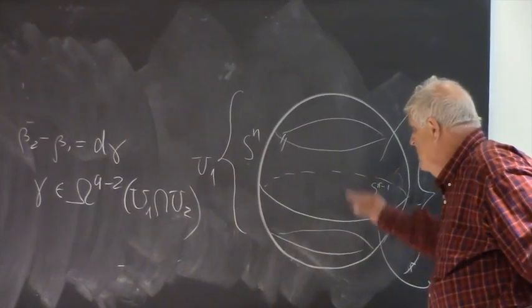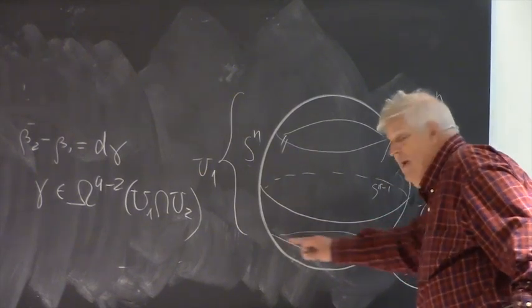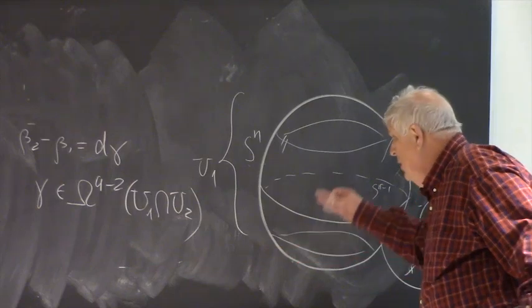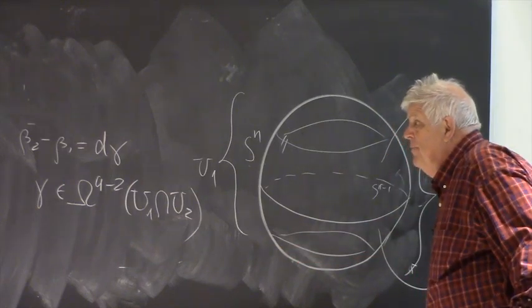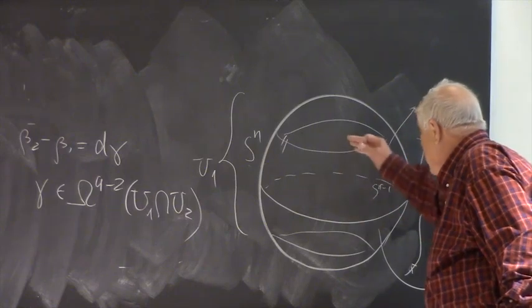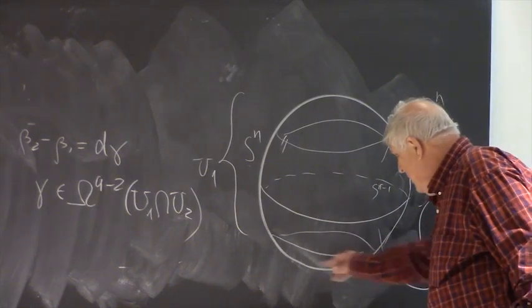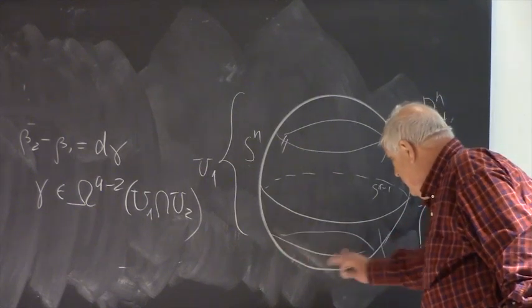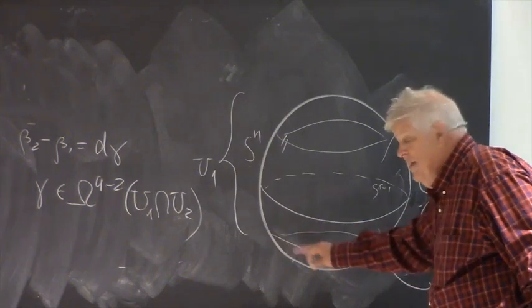And actually, its support is within U1, so it is equal to 0 also in some neighborhood of the boundary, right? So when we multiply gamma, which is defined only here, by f1, then it is naturally defined on the whole set U2. It can simply be extended by 0 in this part, the complement of U1.